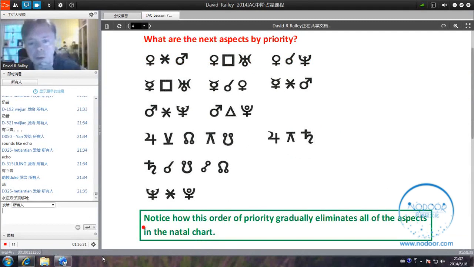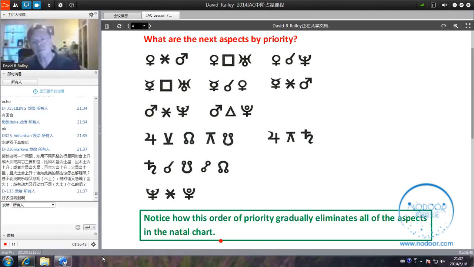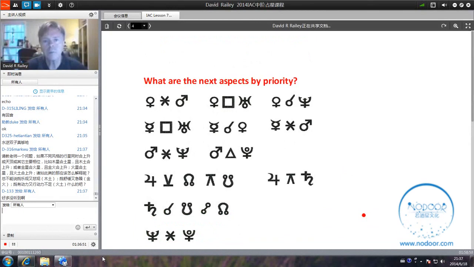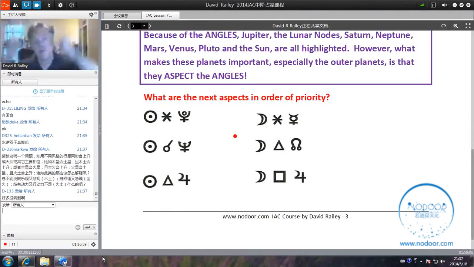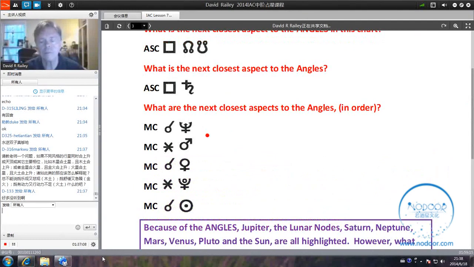But here's what I want you to notice. Notice how the order of priority gradually eliminates all of the aspects in the natal chart. By the time you have gone through this list, you've got all the aspects.